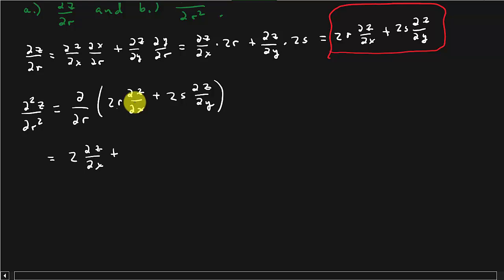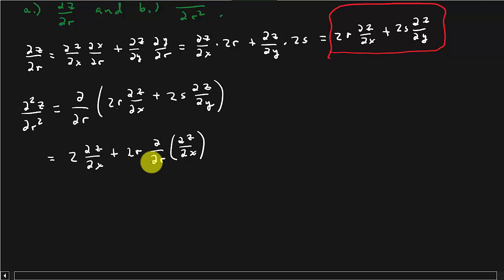I hope everybody understands that. It's the partial of this. So that's going to be the derivative of the first function times the second function plus the first function times the derivative of the second. And this is the partial derivative of this function with respect to r.